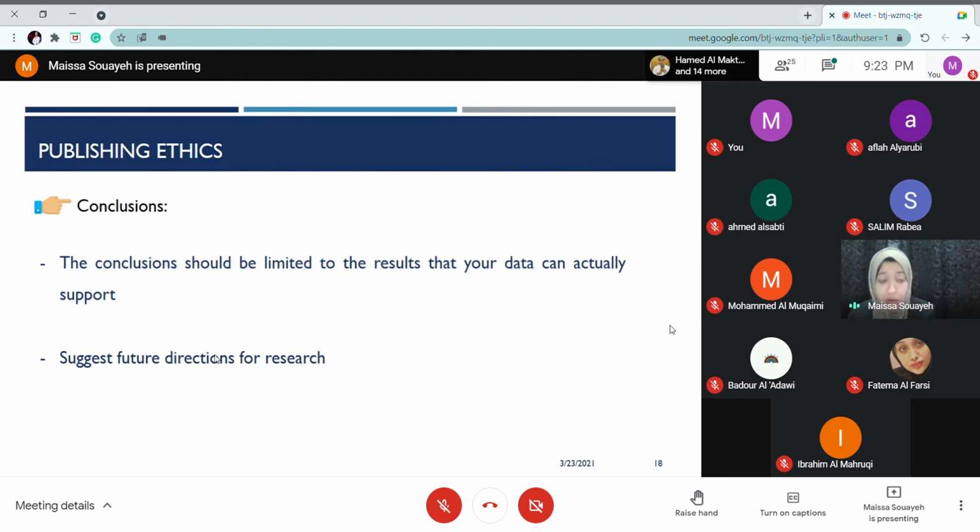But a very important part is that the conclusion should be limited only to the results that your data can actually support. What does this mean? It means that in your discussion, you have a set of results. You are explaining why this is, what is the fact, what is the theory behind this, and what is the mechanism behind this.